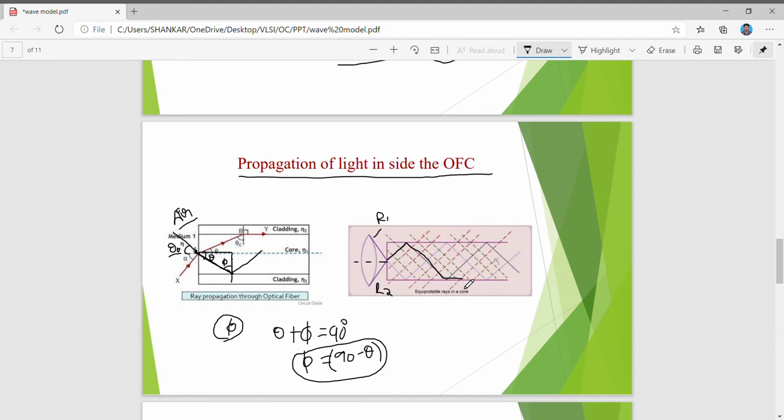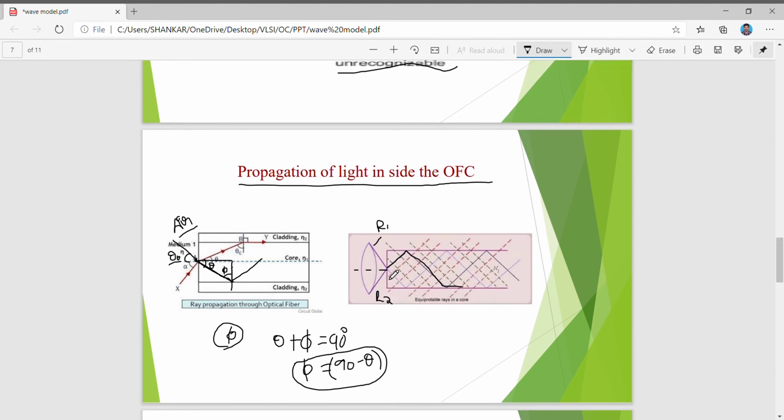Okay. And in this fiber I have projected some lines in order to find out the phase angle of the particular signal. So assuming this is the signal inside the fiber, here it has some angle, and here it has some angle, and this spot has some angle, and here it is some angle.